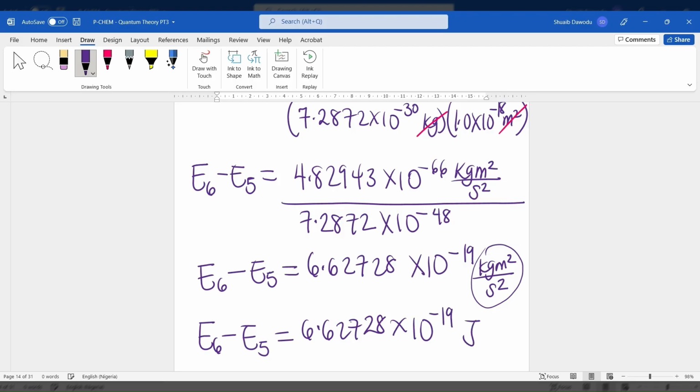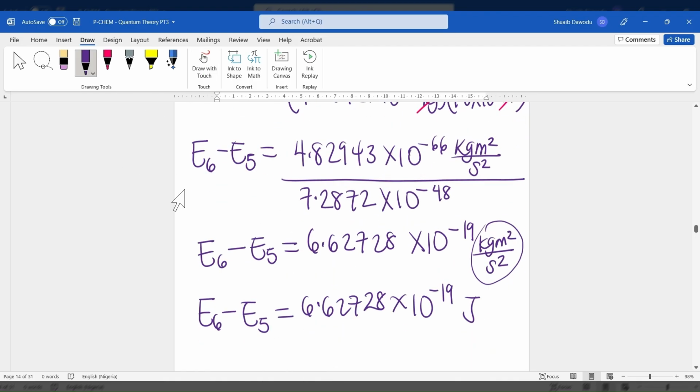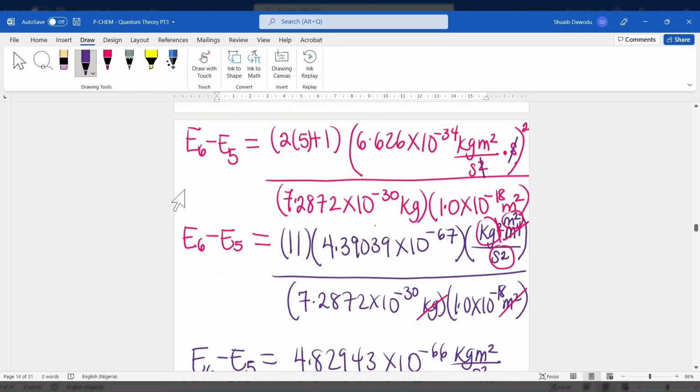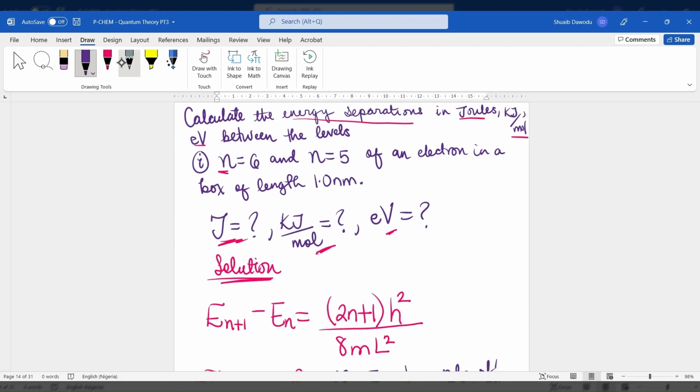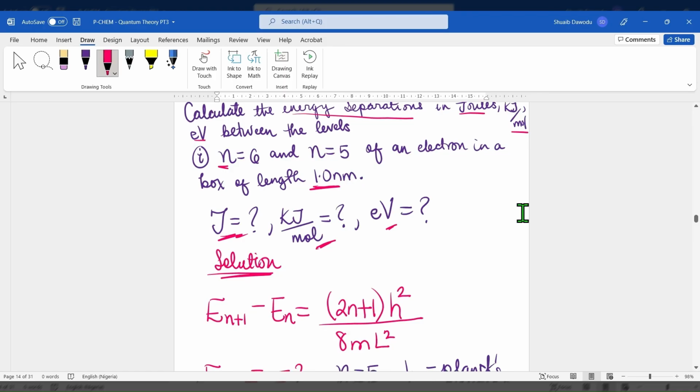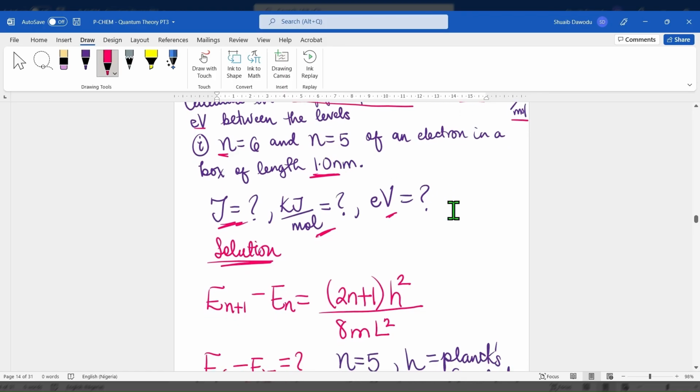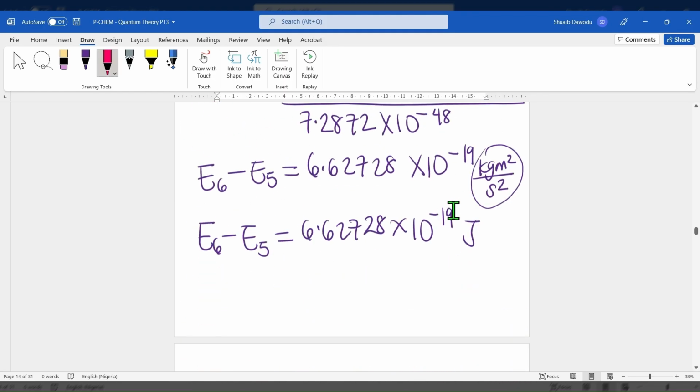Now, we are chemists. Our work is still not done. We have to put our work in the proper number of significant figures, and that requires us to go back to our question and pick the right number of sig figs. We see that we were only given 1.0 nanometers as our only value, and 1.0 is two sig figs.